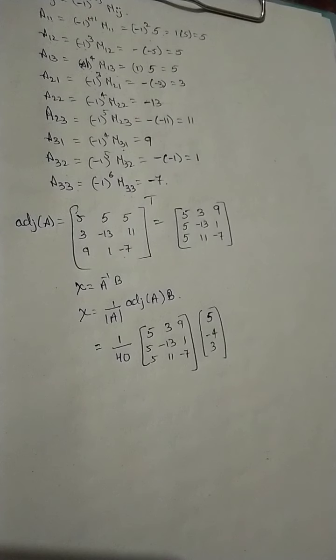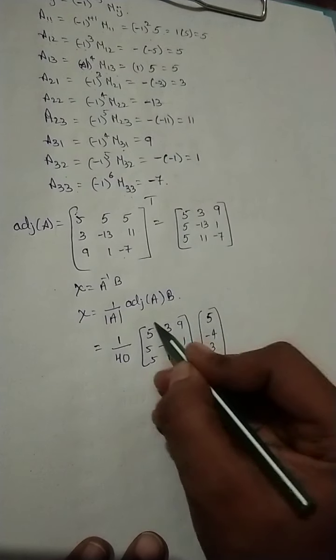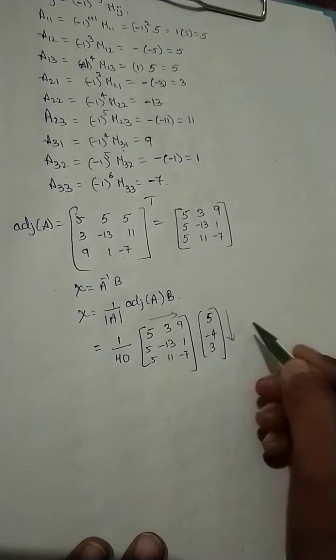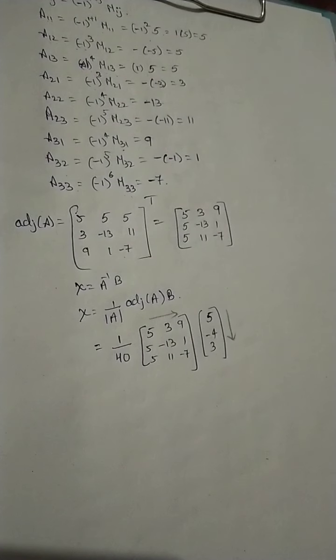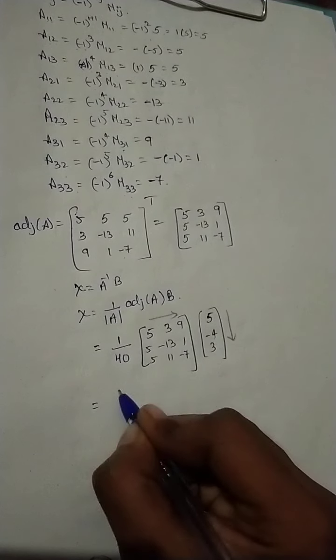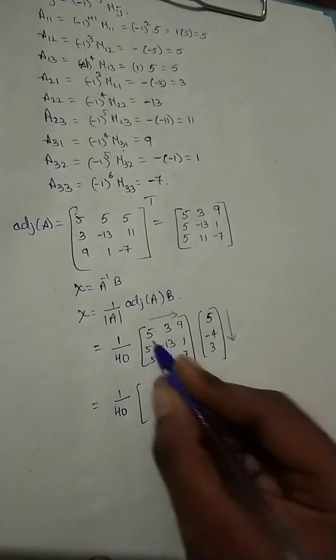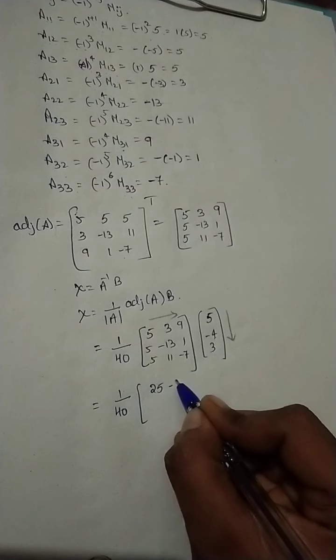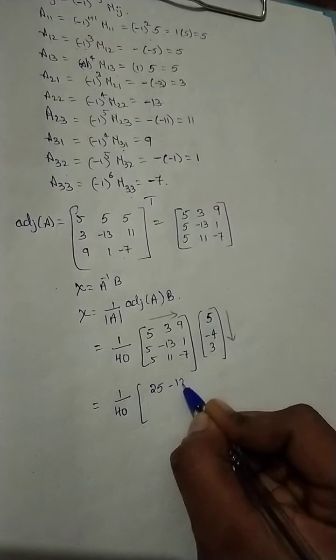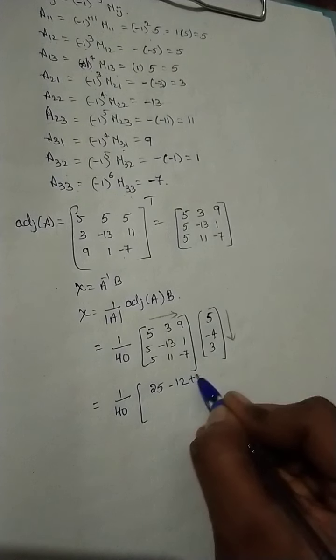Now you have to multiply the adjoint of A with B. For the first row we multiply 5 into 5, 3 into 4, 9 into 3. Like that we have to do the calculation. 5 into 5 is 25, 3 into 4 is 12, so minus 12, 9 threes are 27.